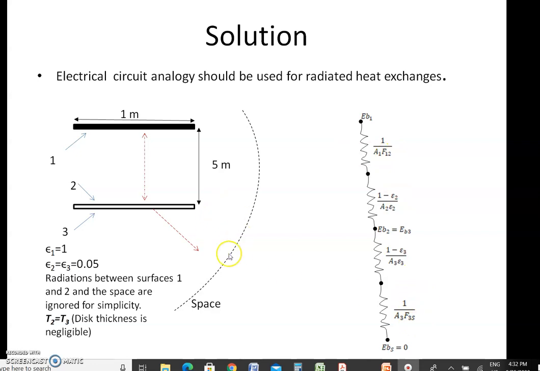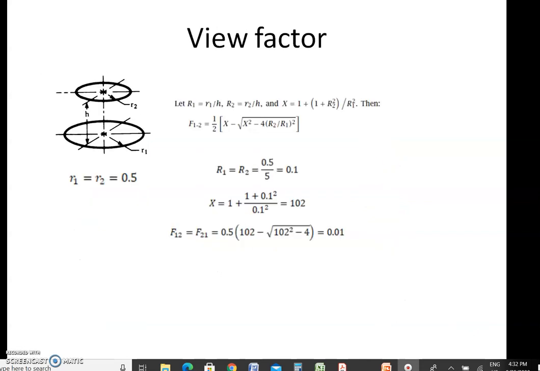But from the geometry, we can tell that F3s is 1 because all of the heat radiated from this surface reaches space. So this is equal to 1. For F12, fortunately, there are sets of equations based on the geometry.